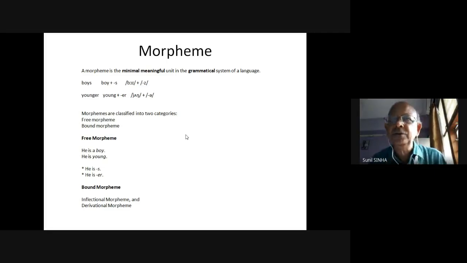Yesterday I told you that word stress is a very important feature of spoken English. You will sound very un-English if you do not observe the word stress pattern of English. Hindi and all our Indian languages have a different stress pattern.